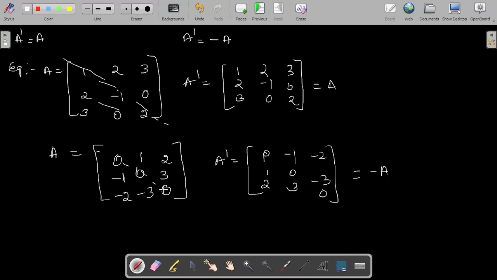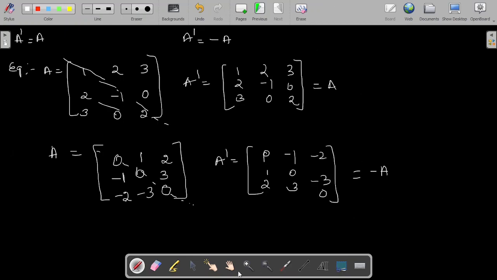When you fold the matrix along the diagonal, then this lower part is negative of the elements of the upper part. So this is what is meant by symmetry and skew symmetry in matrices.